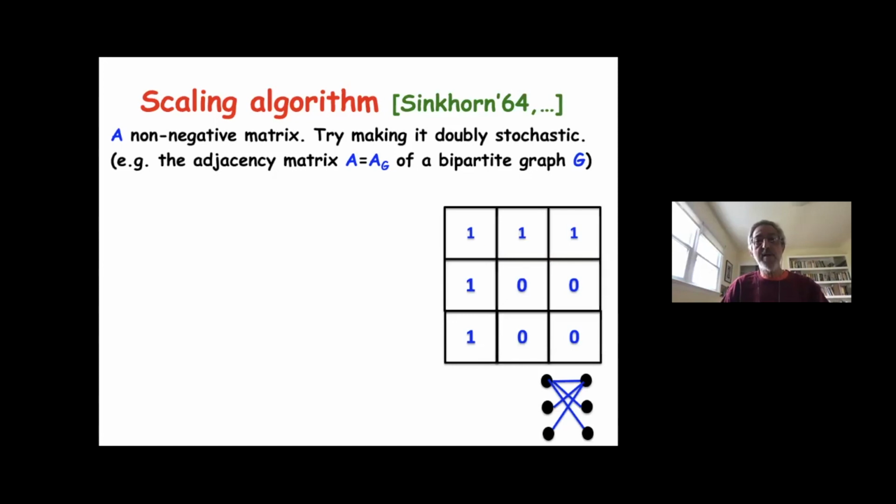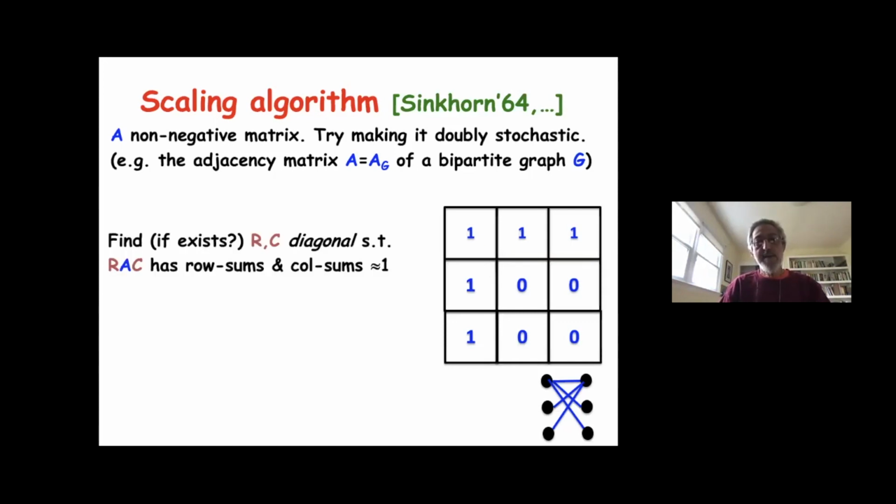Let's take a particular matrix, a non-negative matrix, for example, one that arises from some bipartite graph. And we want to scale it by multiplying rows and columns by constants. And it looks like a non-trivial problem because they conflict. It's hard to do simultaneously.